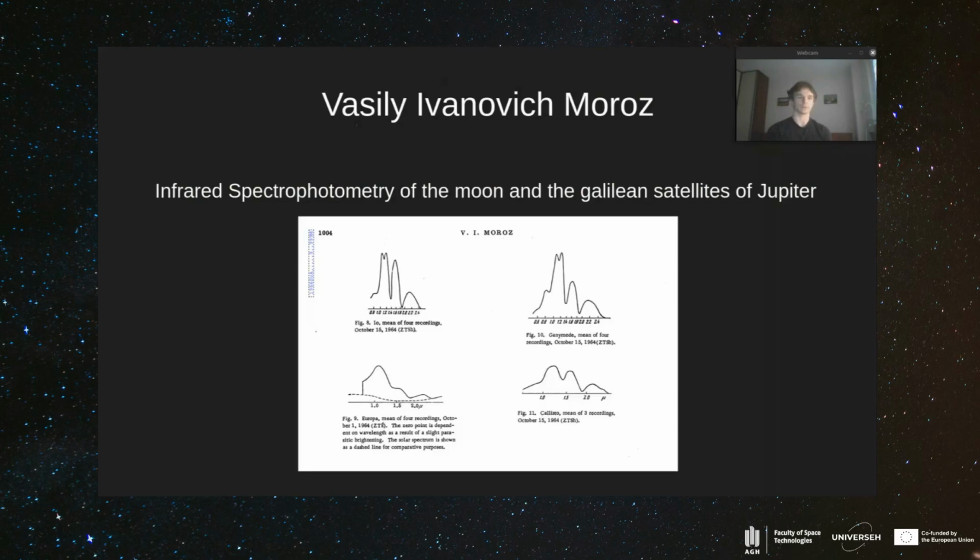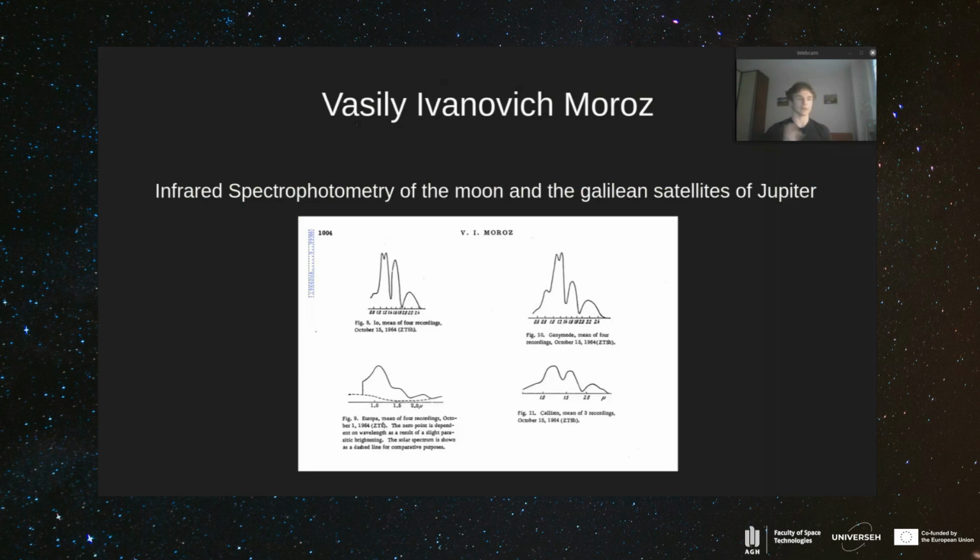And in 1966, in the journal Soviet Astronomy, I think volume 9, page starting 999, he made an article looking at the Galilean moons and their albedo, also their spectra. And I think he and his team were the first to investigate those moons more closely.